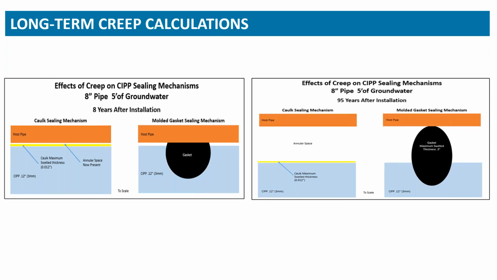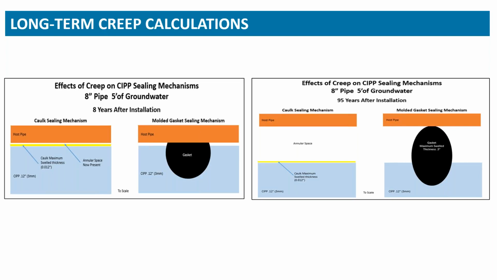I know folks in this industry refer to the fact that the very best day in the life of a liner is its first day. Well, that's because of this kind of shrinkage that will occur. So one thing you've got to be sure of is that as resin shrinkage occurs to that extent, your seal is going to have and hold the capacity to do the swelling that's needed to seal that annular space between the host pipe and the CIPP.